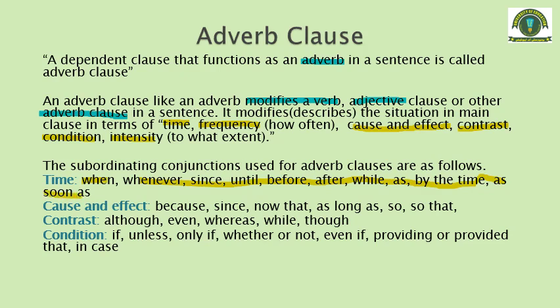If they are adding detail of cause and effect, they will begin with because, since, now that, as long as, so, and so that. If they are talking about contrast, they will begin with although, even though, whereas, while, though.